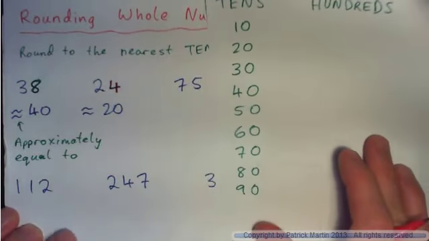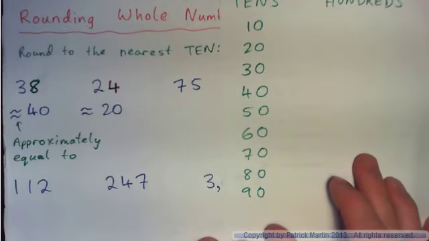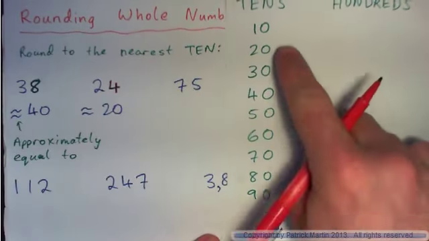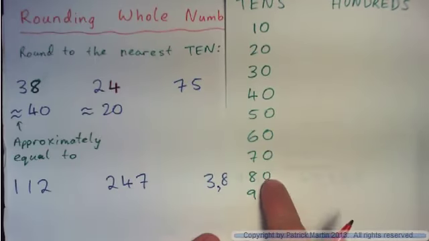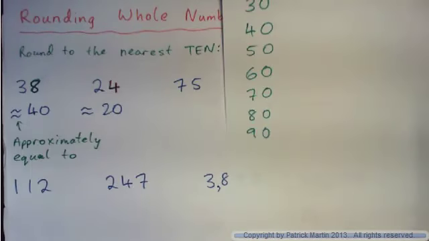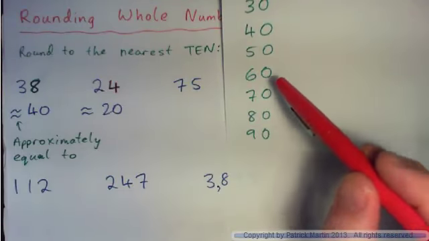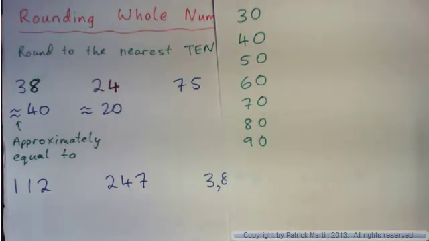So if you have 75, what do you round that guy to? 75 is nearest to what number? 50, 60, 70, 80, 90? Well, it's equally as close to 70 and 80. And so you would think that you have a choice. Well, I could round to 70 or I could round to 80. What's the difference? Usually in real life, it doesn't make a difference.